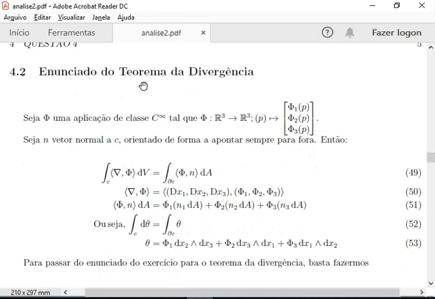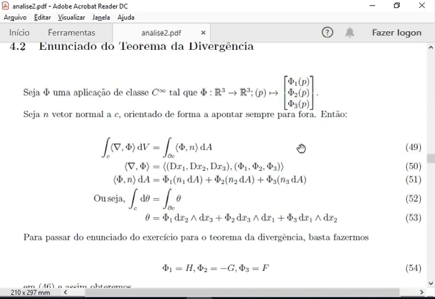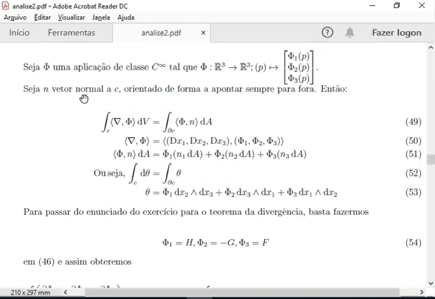Now, the Divergence Theorem. Let phi be a C infinity application such that phi from R^3 to R^3 maps P to (phi1 of P, phi2 of P, phi3 of P). Let n be the normal vector to C, oriented such that it always points out.